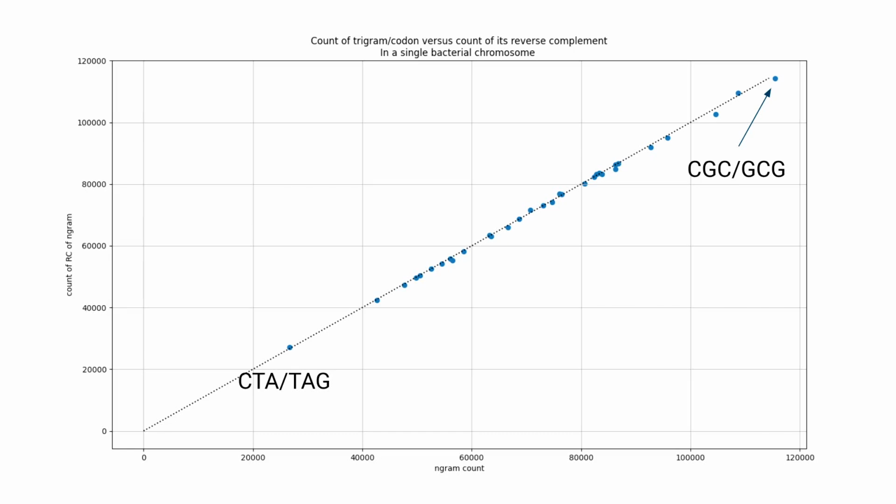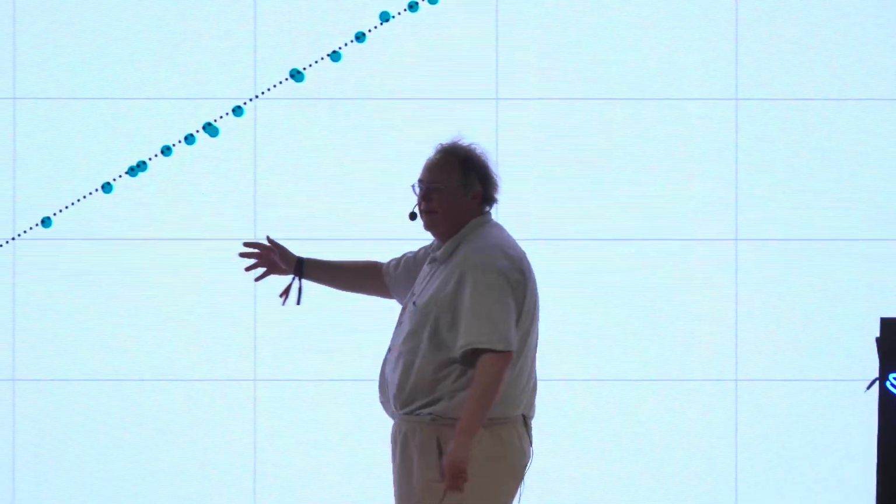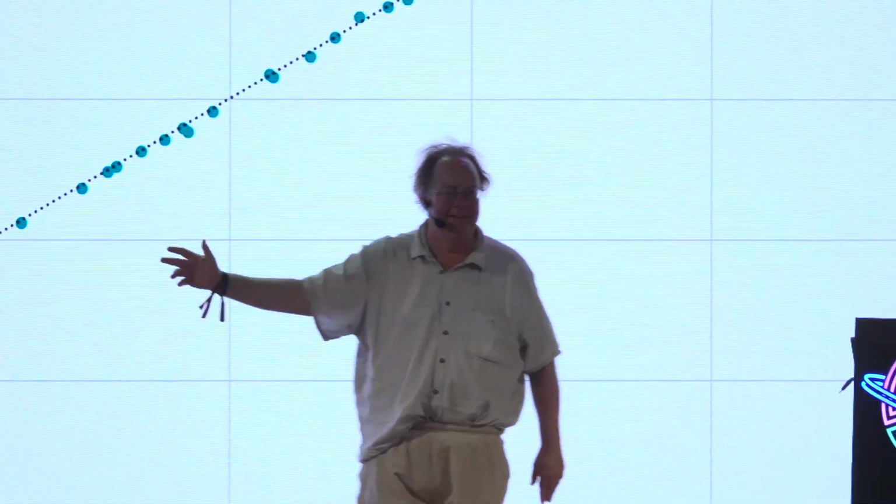If you scan over DNA and you take all combinations of 3 letters, you find that there are almost exactly the same amount of combination CTA and TAG. And again, this holds for all the different combinations of 3 letters. They're all the same. And again, we do not know why.